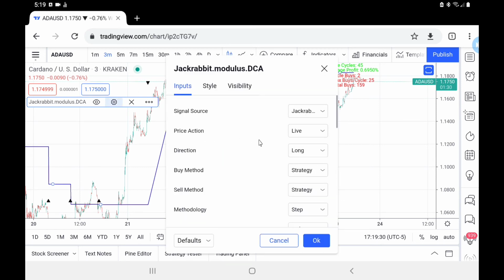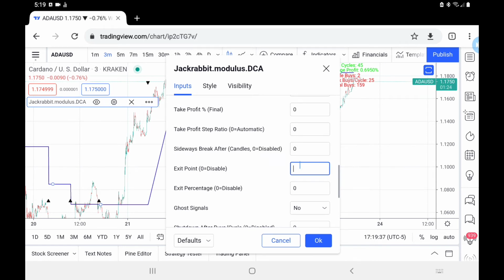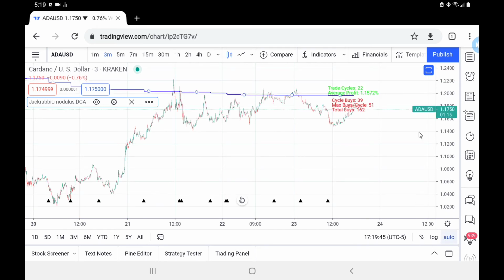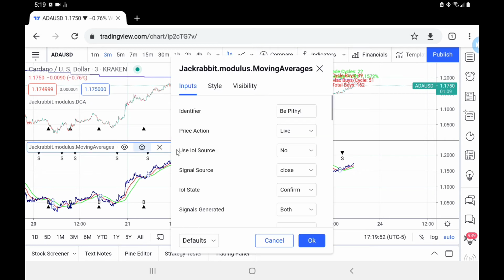Now, of course, there are other things we can do. Let's turn this off. Reset the chart. And let's go make some changes to the moving averages themselves.